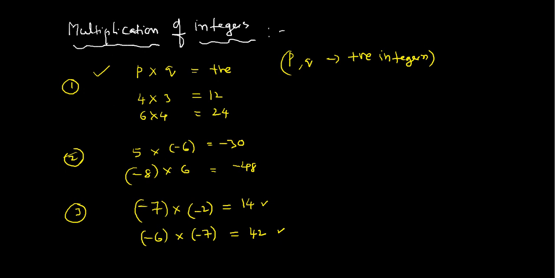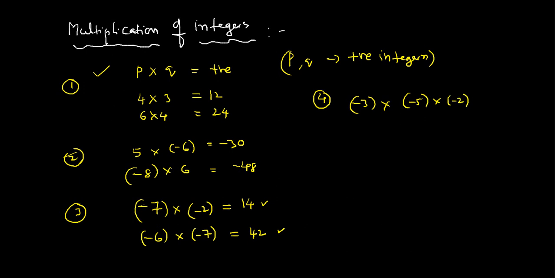Let us take another one. The product of three negative integers is a negative integer. For example, take minus 3 multiplied by minus 5, again multiplied by minus 2.